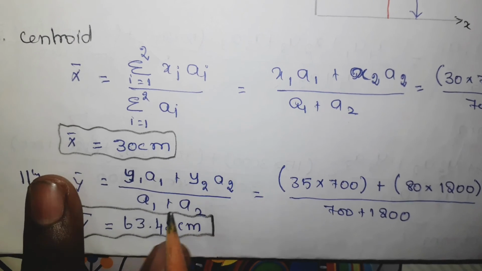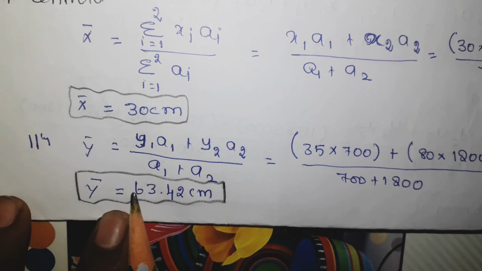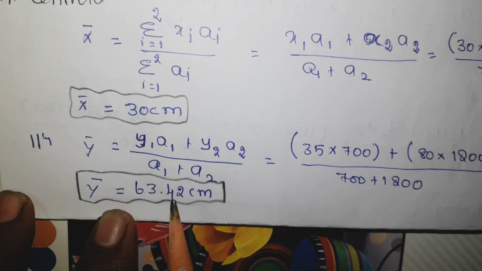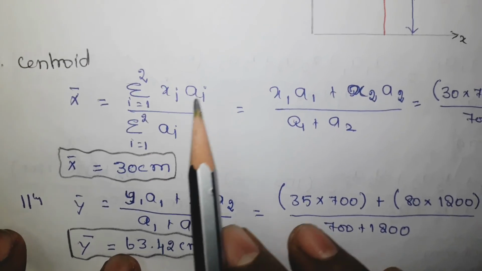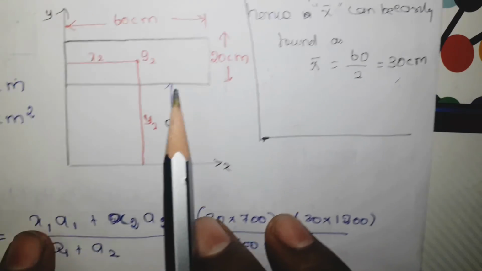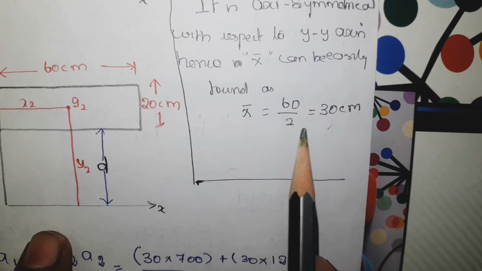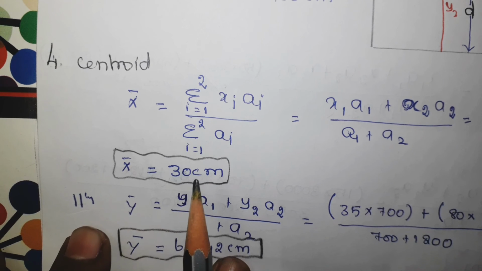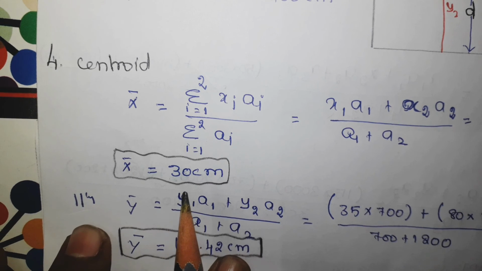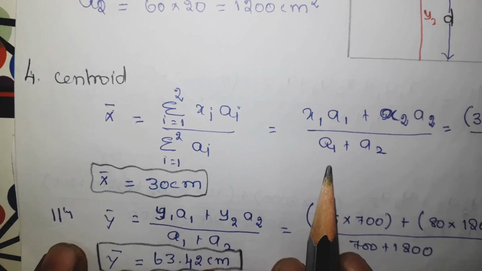Substitute in every place and you will get y bar equal to 63.42 centimeter. Now we will check the axis symmetry, that we already got: x bar equal to 30 centimeter. Similarly, if you look here, you will get the same answer. So this is the benefit of the axis symmetry concept.